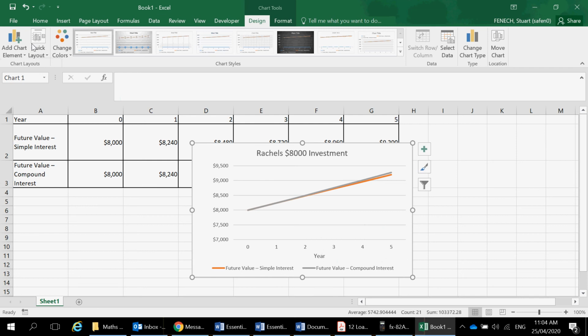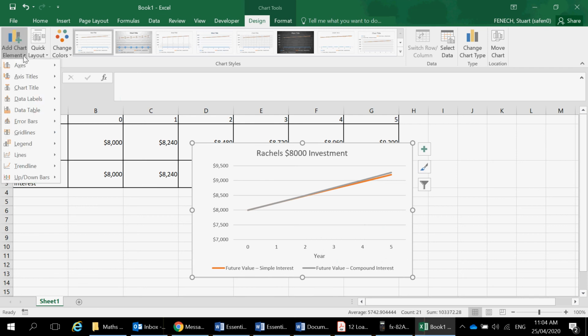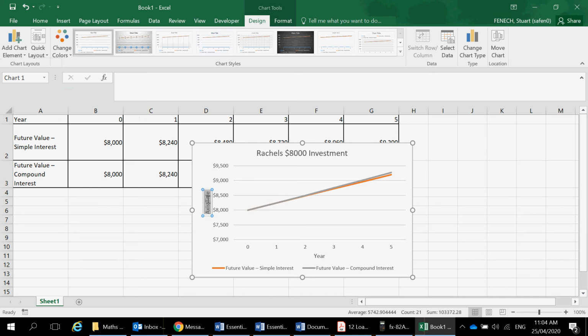We need an axis label over here, which is future value in dollars. And there we go. Now the compound interest should be slightly higher than the simple interest as time goes on, and that's correct. The future value there is going up more for the compound interest.